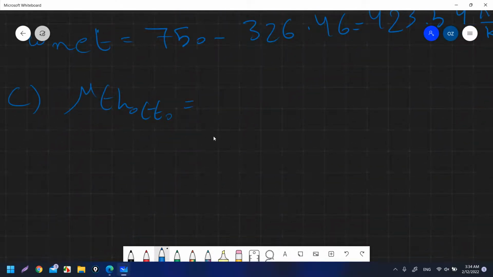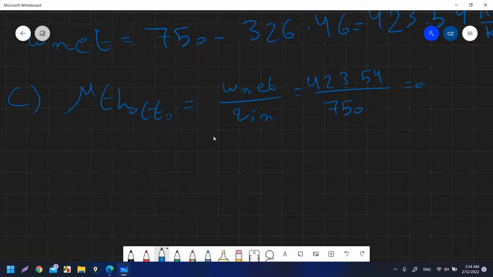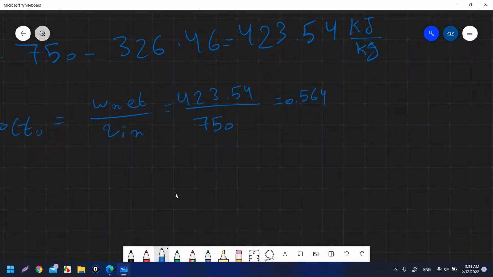Okay, so let's find the thermal efficiency. W net over Qn. W net is 423.54 over 750, and this will give you 0.564. Actually it is 0.565, but in the solution manual they put 0.564, equal to 56.4%.